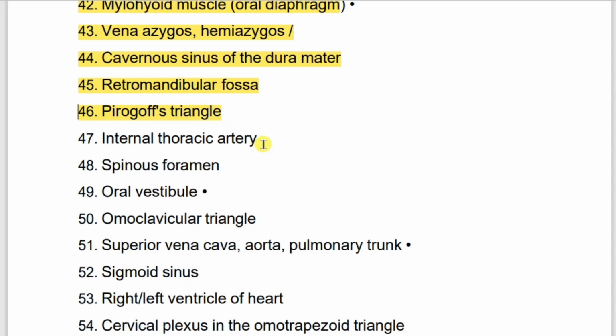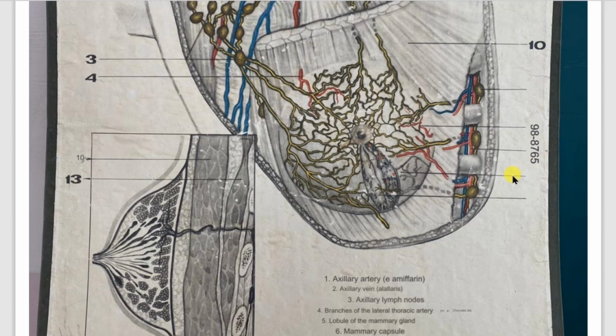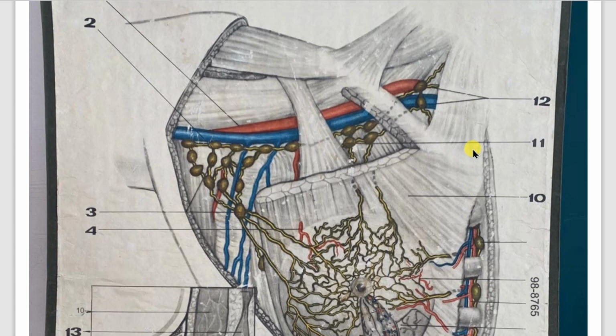So the next structure we have here is the internal thoracic artery. The region will be the thorax. Let's see, here we have this one in red. As you can see here, it is called the internal thoracic artery. So what is it actually? From where does it arise? It arises from the anterior surface of the subclavian artery.